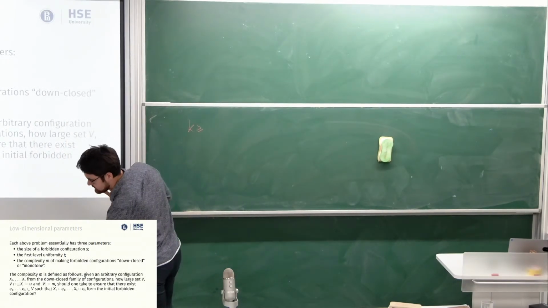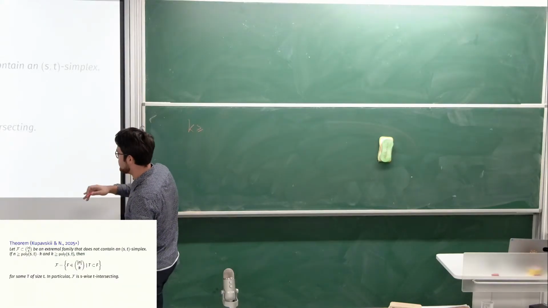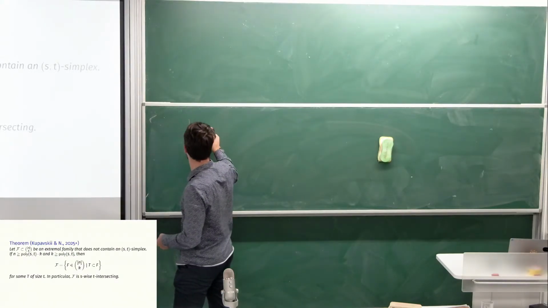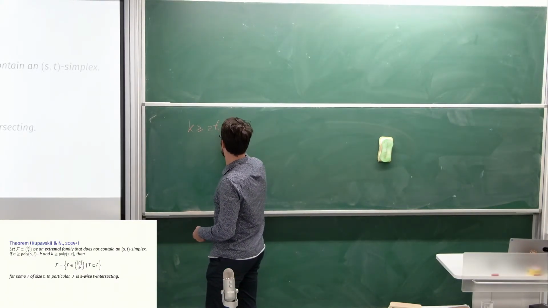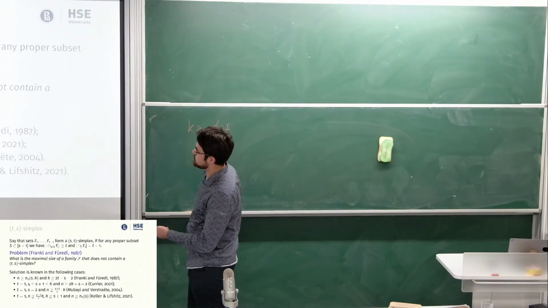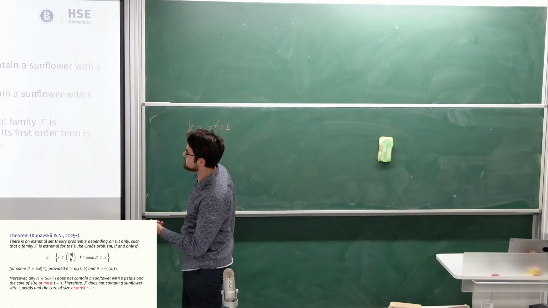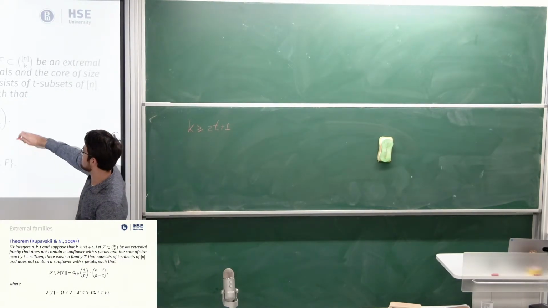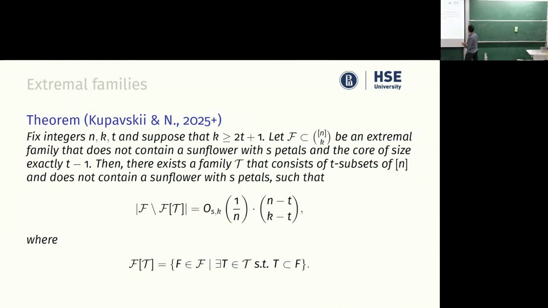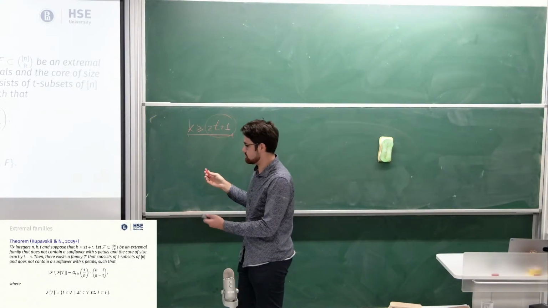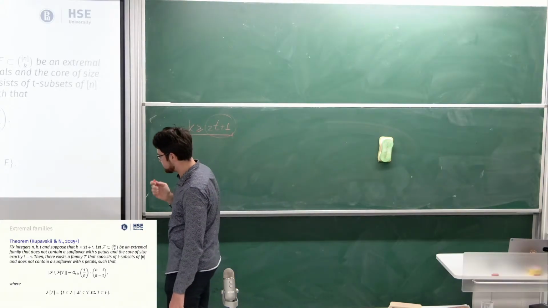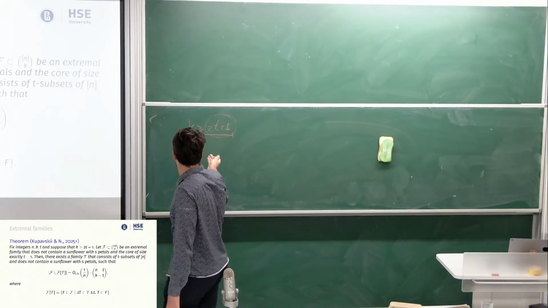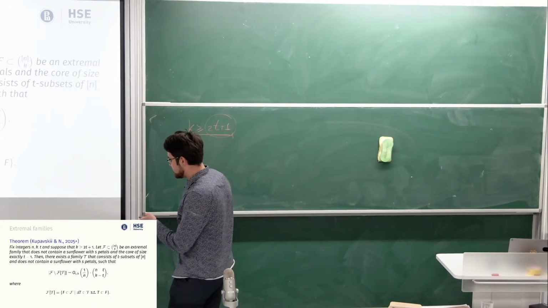Just poly of S and T in this case, or 2T plus 1 in the case of the Füredi and Frankl theorem. So here it has T plus 1. And how could these bounds be understood?